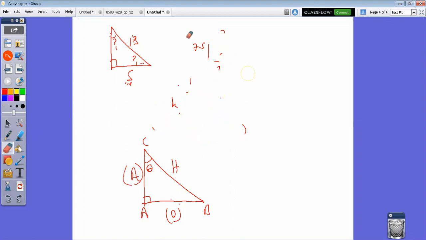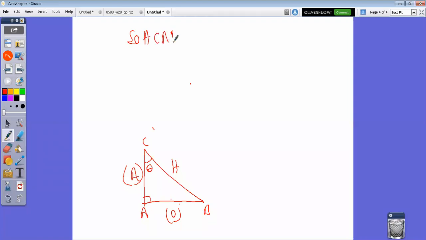Now, let's see how we apply what we've talked about just now. Let's bring the formula, then look at certain things about that formula. So it means sine theta. You can write that down. Sine theta, look at this formula here. It's opposite over hypotenuse.